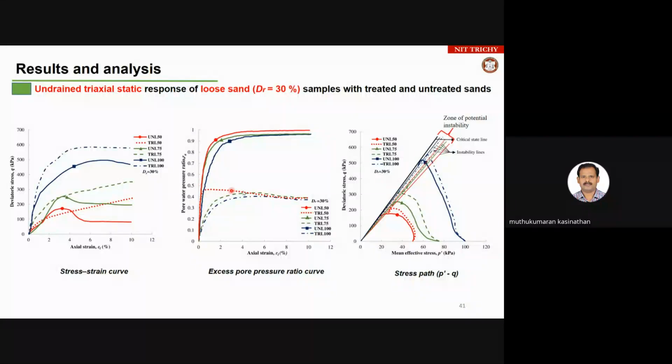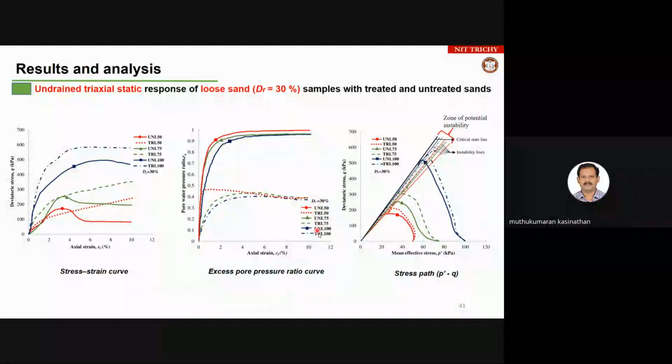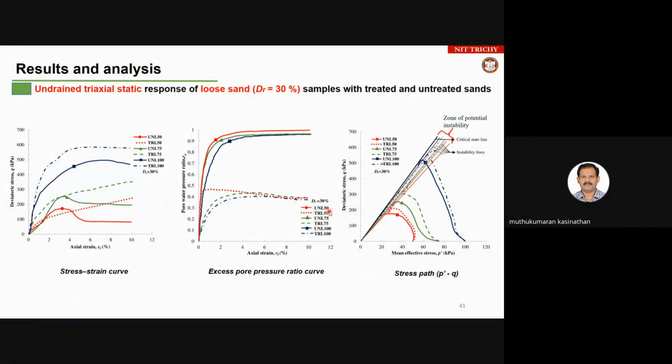And the soils being treated, here treated means we have introduced Pseudomonas microbes, that have produced air bubbles, accumulated air bubbles. Because of the accumulated air bubbles, your pore water pressure ratio is significantly reduced. Even after having a larger strain, the pore pressure ratio is almost constant, and it does not reach beyond 0.5. So that shows very clearly the soil is having liquefaction resistance. That has been explained with the stress path method here.